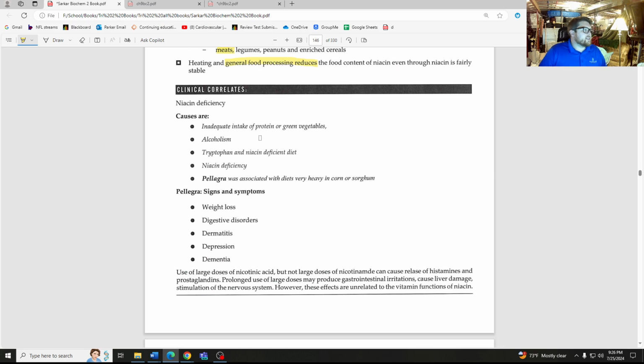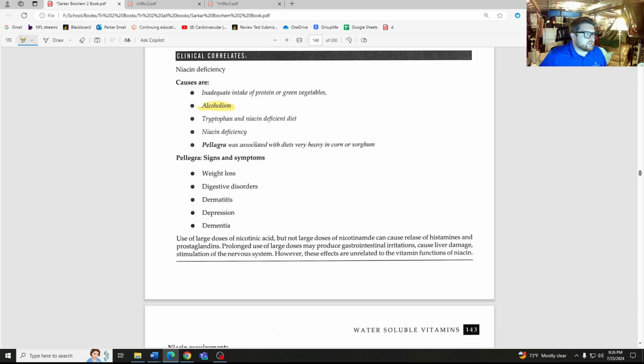Causes of niacin deficiency: inadequate intake of protein or green vegetables, again alcoholism, a tryptophan and niacin deficient diet. Niacin deficiency, right here, pellagra. Pellagra is what you're going to see in these kinds of patients.